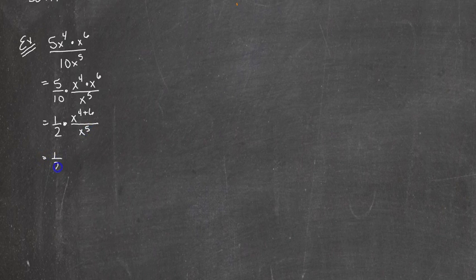So I have 1/2 times x to the 10th over x to the 5th. I think I misspoke up there. Now, 1/2 times x to the 10 minus 5, which equals 1/2 times x to the 5th power. And I can put it all together as x to the 5th over 2.